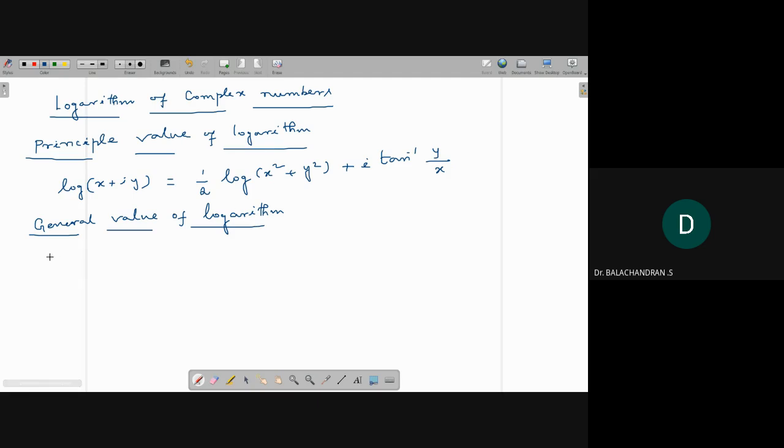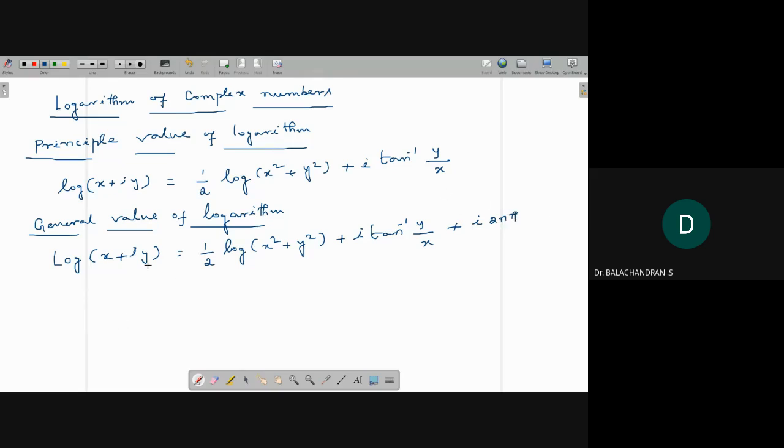It is defined by and denoted by capital L, log of x plus iy, which is equal to 1 by 2 log of small l, x square plus y square, plus i tan inverse of y by x, the same thing, plus you should add i 2n pi.